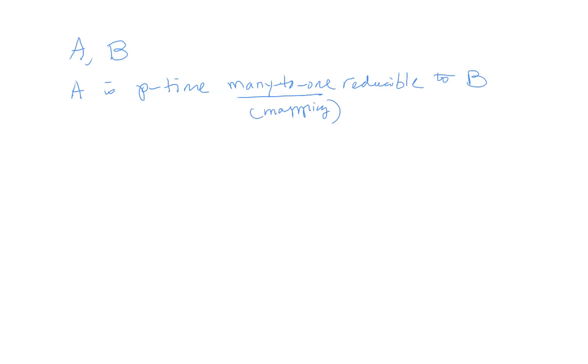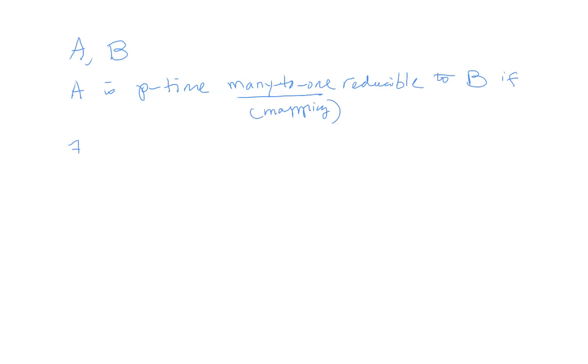We are going to say that A is polynomial time many-to-one reducible to B, sometimes called many-to-one mapping, if the following is true.